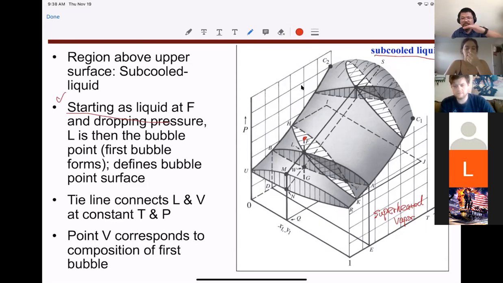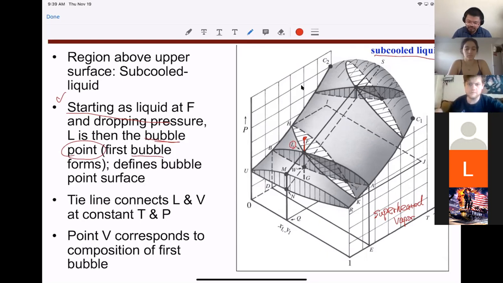This line F will have the intercept with the phase envelope at this condition L. So for L, moving from the liquid phase, we are going to have the first bubble, right? This is why we have this as the bubble point.